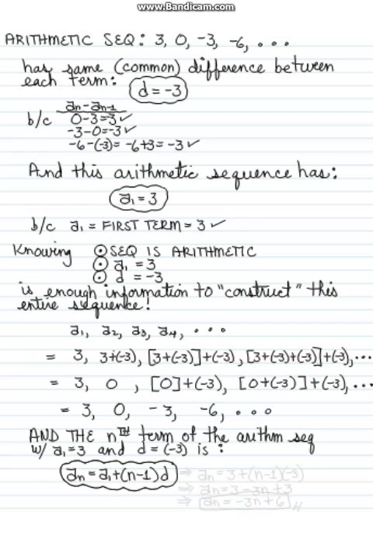Now this is very convenient to have a formula for this type of sequence, but you can only use this formula for the nth term if your sequence is arithmetic. In other words, if it has a common difference. I'm emphasizing common. If the difference between every term is the same value, which we call D.